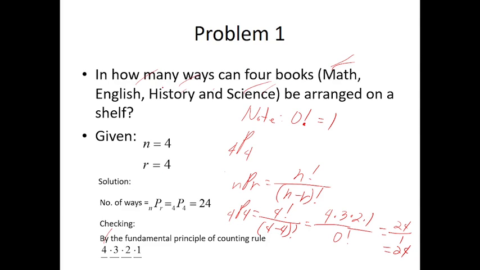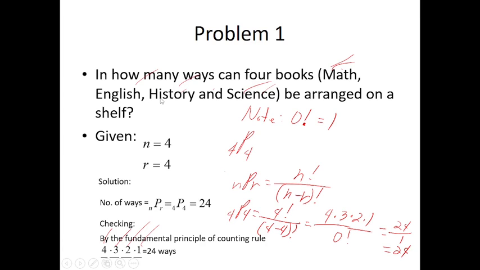Ang pwedeng mag-arrange na lang ay yung tatlo doon sa apat. So, 3. Kasi meron na eh. Okay? So, then, 4 minus yung 2 occupied, 2 na lang. 4 minus yung 3 occupied, 1 na lang. So, 4, 3, 2, 1, that is 24. No? So, this is an alternative way to permutation. No? Yung fundamental principle of counting rule.